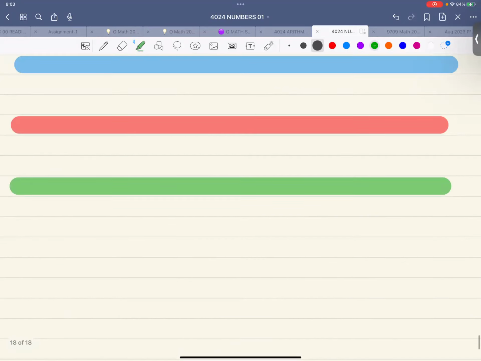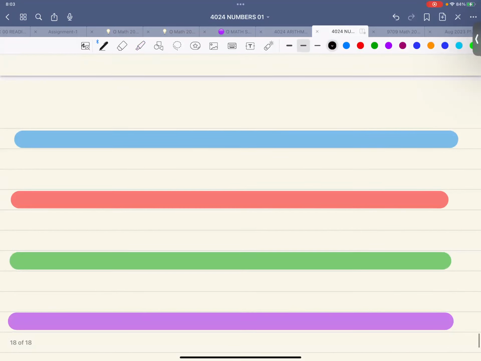And let me draw a 4th one. We are dealing with cost price, original. We are dealing with final. We are dealing with percentage, whether it's loss or profit.